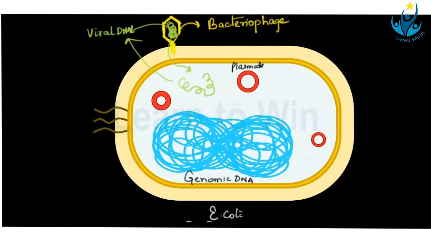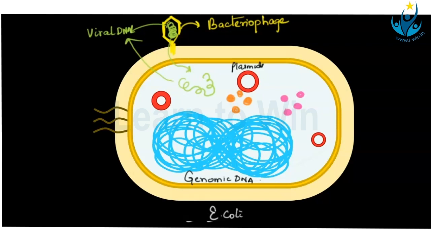Now, as soon as the bacteriophage attacks and releases the viral DNA, even before the viral DNA is released, this bacteria produces two kinds of molecules, which I am drawing here.